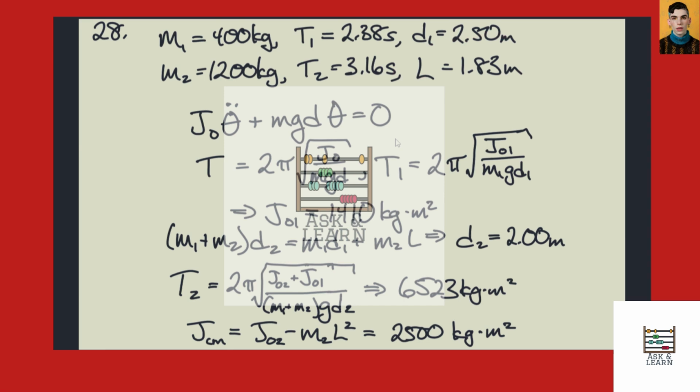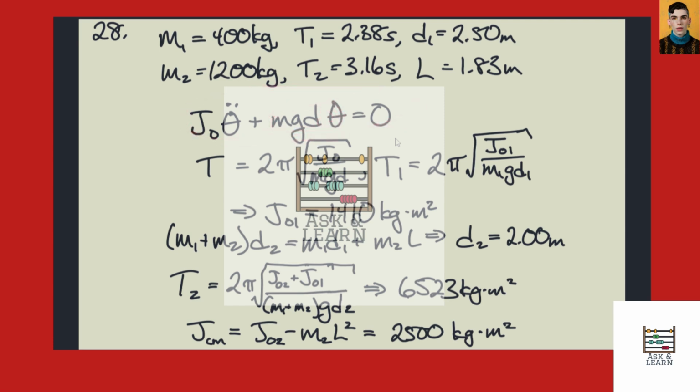Now, we can just do our simple pendulum equations. Initially, we have just this thing swinging, so we have J naught theta double dot plus mgd theta equals 0.